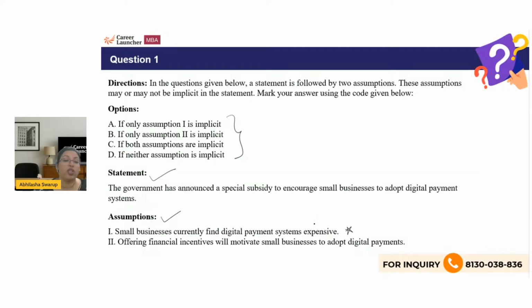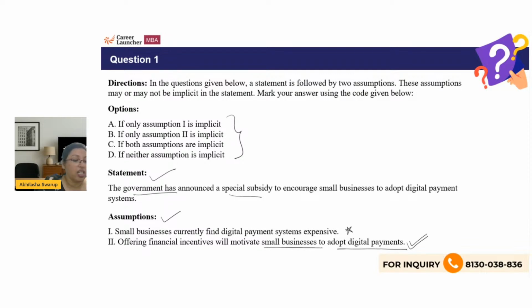Okay, let's put a star on this. Offering financial incentives will motivate. Yes. Now remember that when you talk about someone doing something, they feel that there is a need for that. So therefore, by offering this subsidy, the small businesses will want to adopt digital payment. That is what the government feels, right?